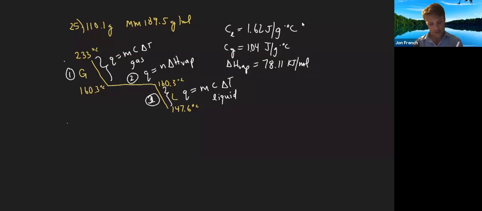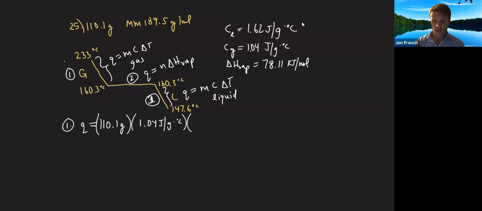So calculation one, Q equals MC delta T. Q equals my mass, 110.1 grams, times the heat capacity of the gas, 1.04 joules per gram times degrees Celsius, times my delta T. Delta T is always final temperature minus initial temperature.